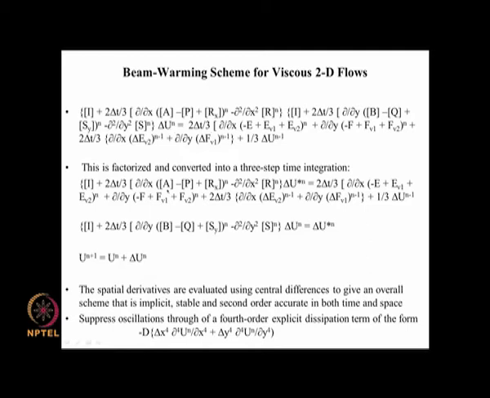We have introduced coefficients A, P, R and S, B, Q, S. These are being evaluated at the nth time step, at the previous time step values. So, these are not the latest values, it is not fully implicit. Part of it is explicit and part of it is implicit.